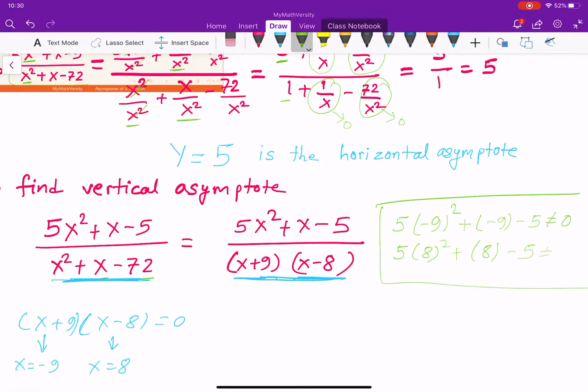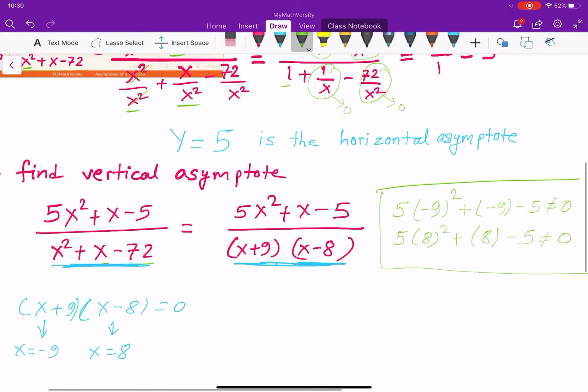So the numerator is not equal to 0 at that location. If the denominator is 0 at a certain location but the top function is not 0 at that location, then those are the locations where you have the vertical asymptote.